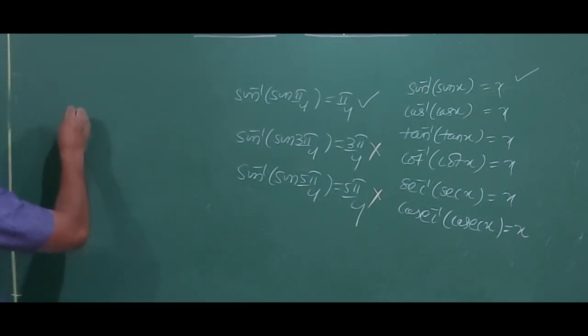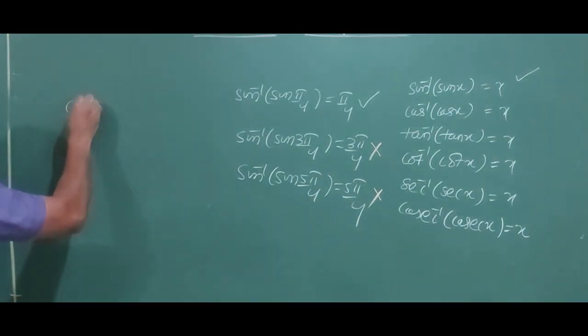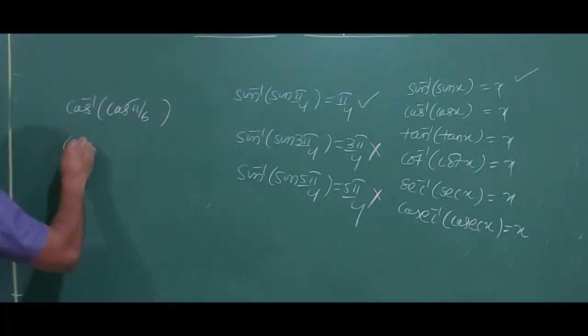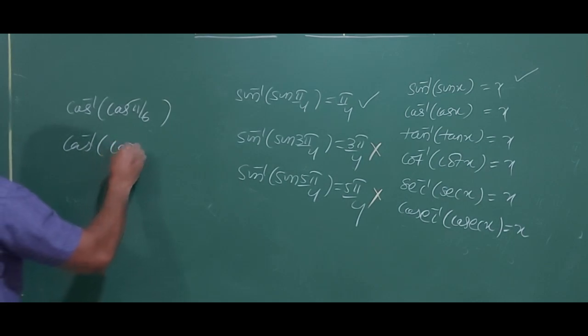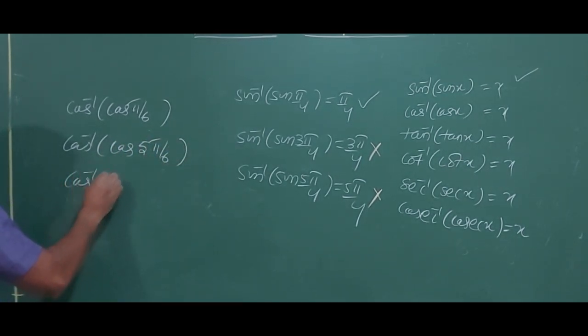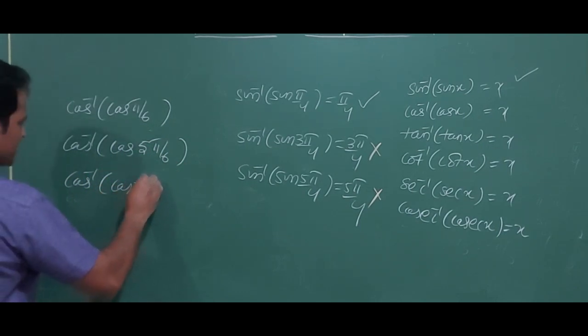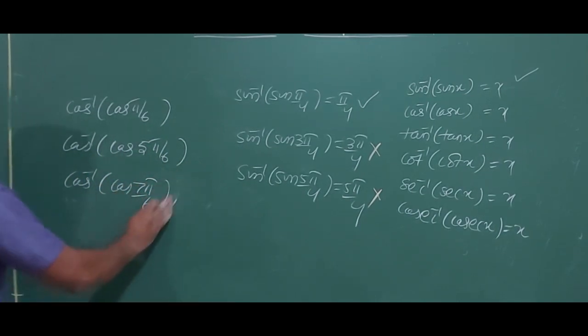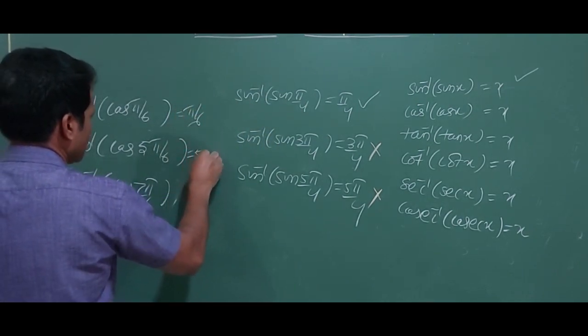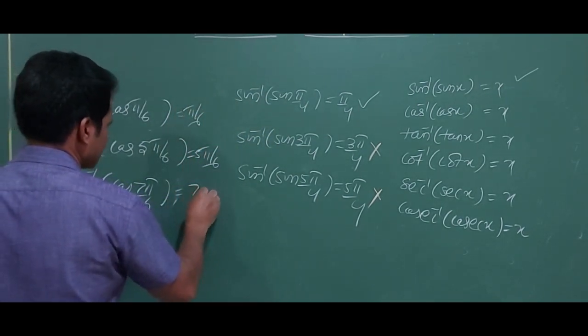Suppose I write cos inverse of cos pi by 6, cos inverse of cos 5 pi by 6, cos inverse of cos 7 pi by 6.